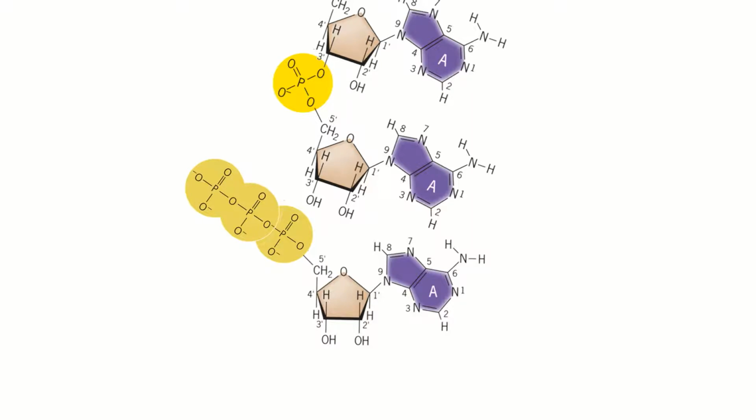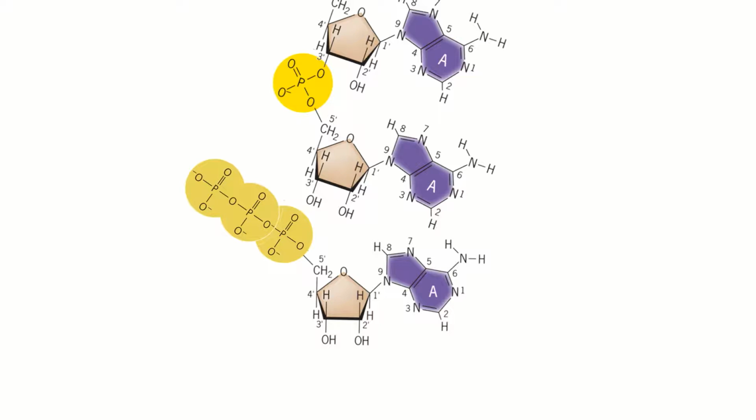Now, in nucleic acids, it's a little bit different than that. A free-floating monomer of a nucleic acid is actually attached to 3 phosphate groups, as we see in the bottom portion of the illustration here.